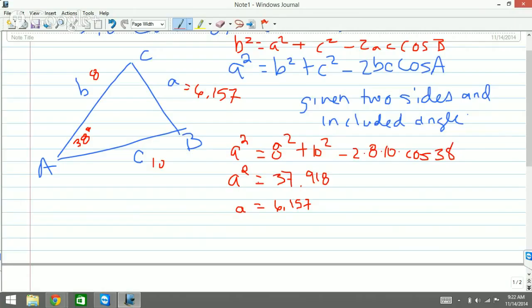You could use the law of cosines, because you would have C squared equals B squared plus A squared minus 2BC cosine C, and you would eventually have to use an inverse. The easier one is the law of sines. You can use the law of sines.